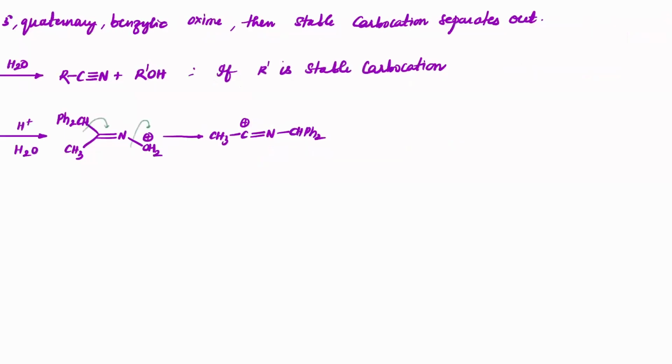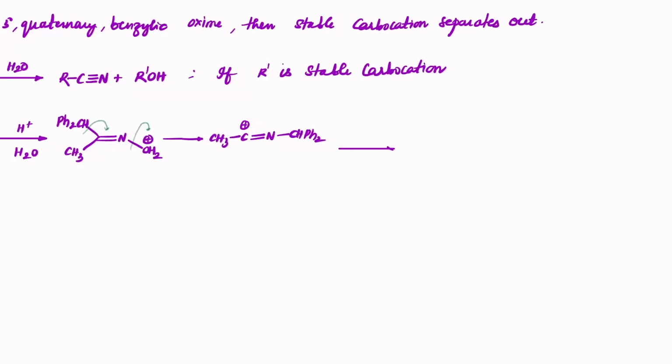The minute you try to hydrolyze it, what will happen? This bond will immediately close into a triple bond and water will attack on the carbon. So we will get CH3, C triple bond N plus Ph twice CH and OH.